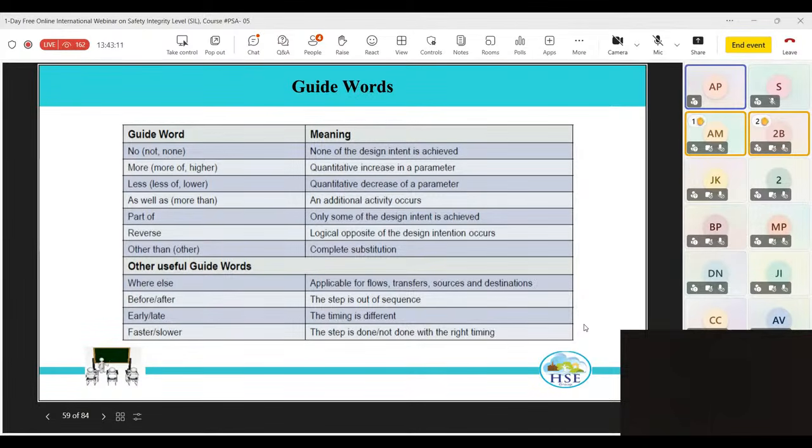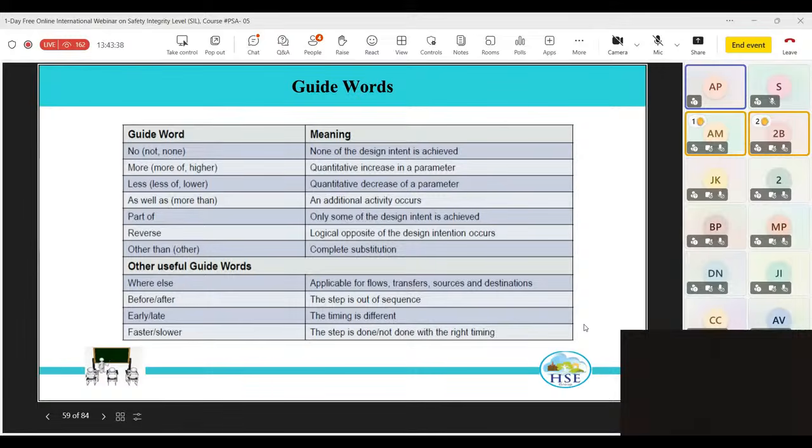The reverse is the logical opposite of the design intent. Like I gave you the example that flow should be from left to right, and now it is happening from right to left. Okay. And then finally, other than is completely different. Like I mentioned, that the final product should be yellow in color, but it's coming out green in color. So various guide words are being used.